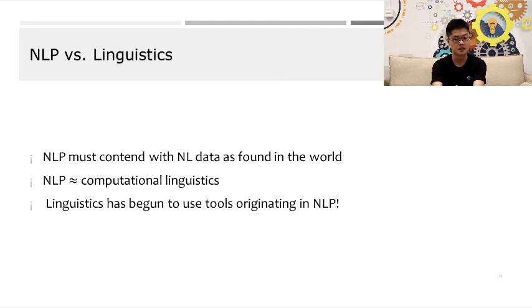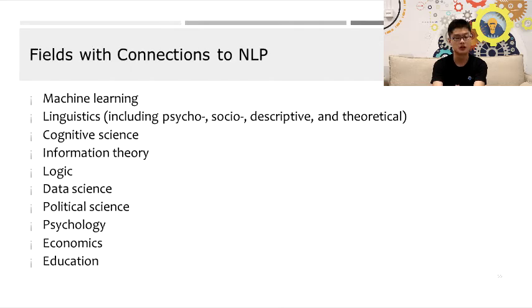NLP and linguistics. NLP must contend with natural language data as found in the world. And NLP is nearly equal to computational linguistics, which is a branch of linguistics, filled with connections to NLP.